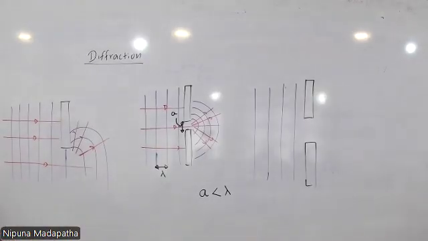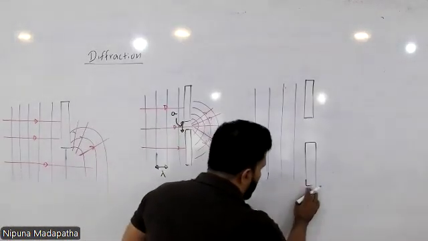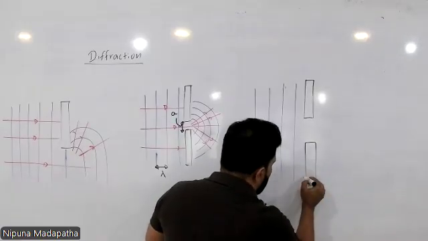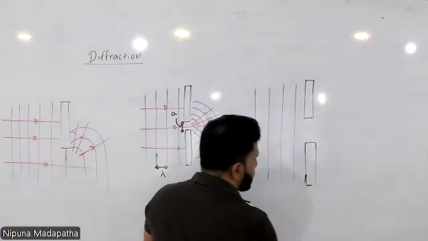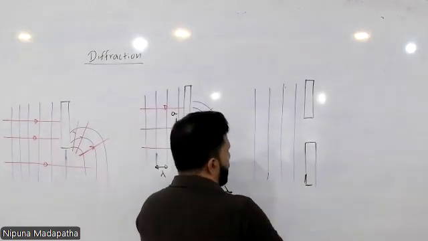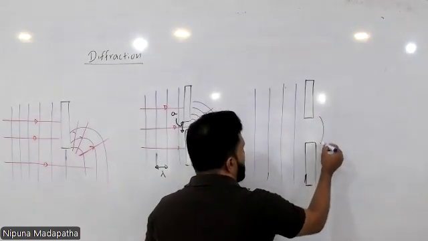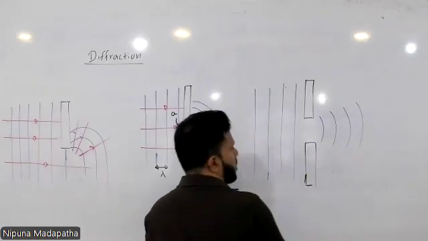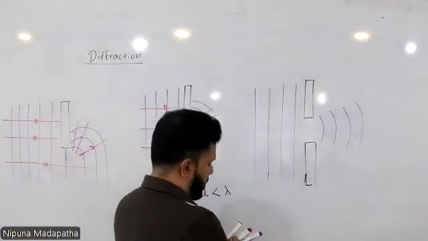What will happen to diffraction? Is the wave diffracting very much or not? The wave goes like this. The spreading is now less. Less spreading. Diffraction is now small, right?